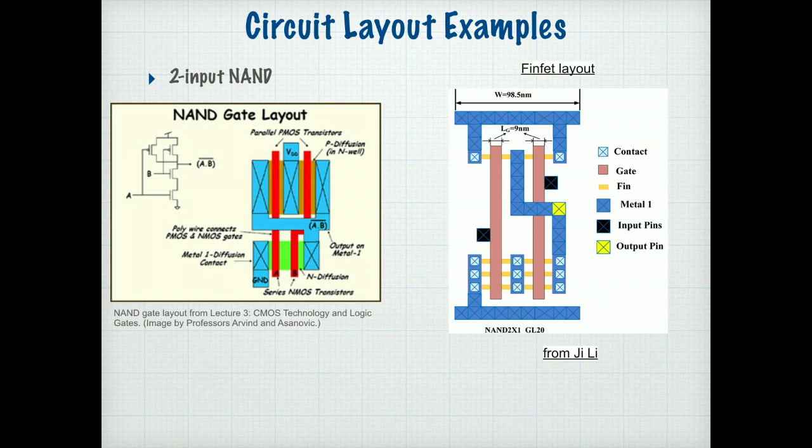Here's another NAND gate layout. This one is a FinFET one. And you can see the FinFETs, instead of having these kind of continuously wide transistors, if we want to increase the strength of it, we put more fins in parallel. So here's a fin, 3 fins, actually running all the way through. And here's the polysilicon gate that you can imagine kind of wraps around the fins, which makes these 3 transistors.